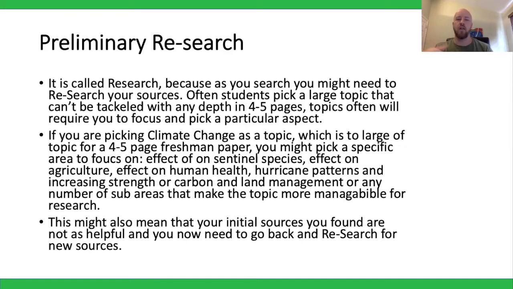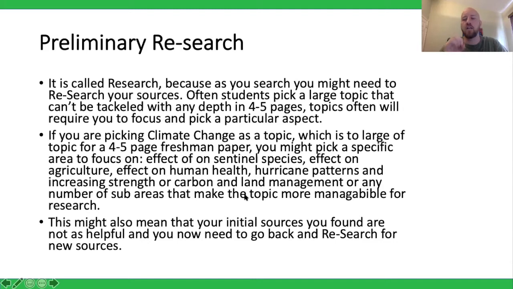Because as we're doing this preliminary research, when you type in your search criteria, something like climate change, for example, I did a quick search on climate change in my database, and I got something like 1 million sources. You're not going to be able to weed through that in a realistic time frame.